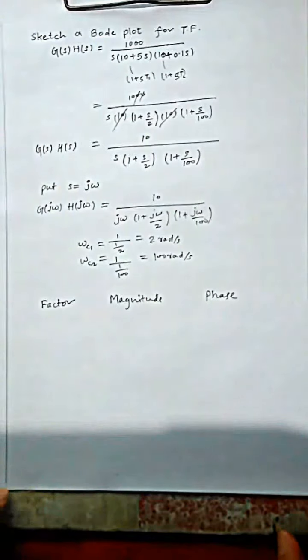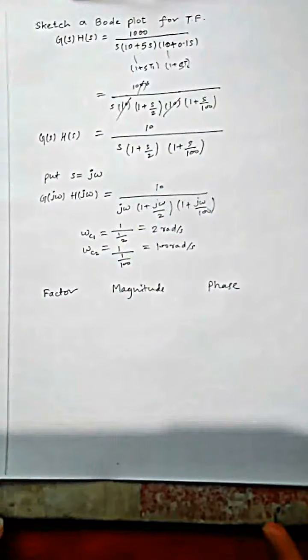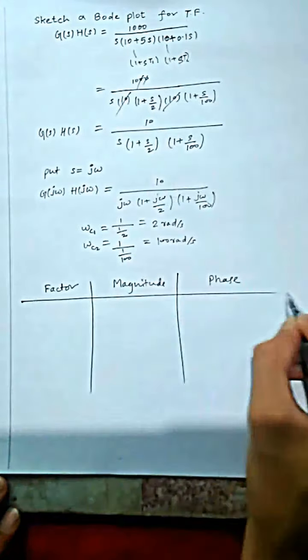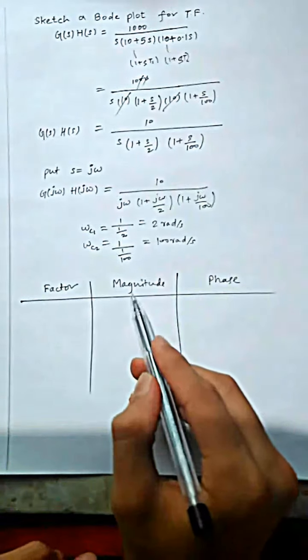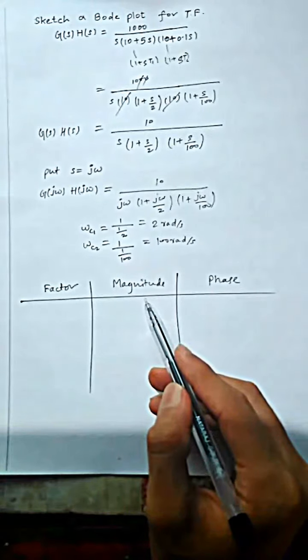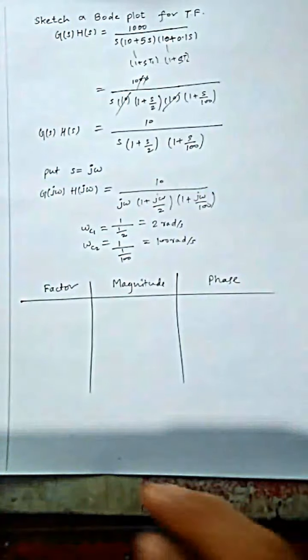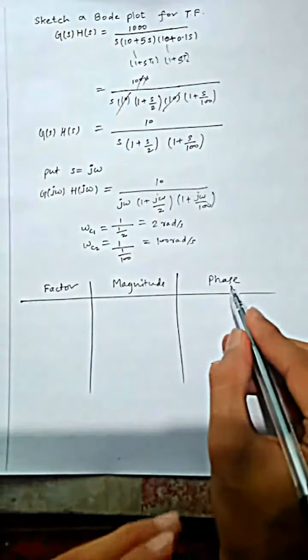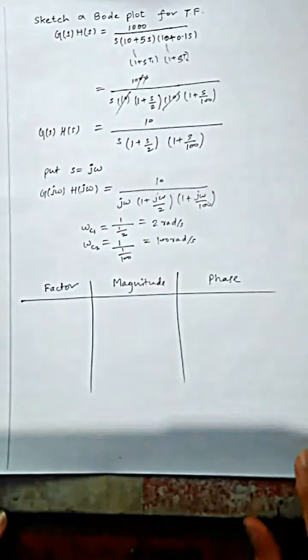I am following a very standard procedure and it will be applicable in each type of problem. So follow simply this procedure. In the magnitude column, I am not going to calculate exactly the magnitude, but the slope of the magnitude plot. Similarly for phase, we are going to calculate for each individual factor.